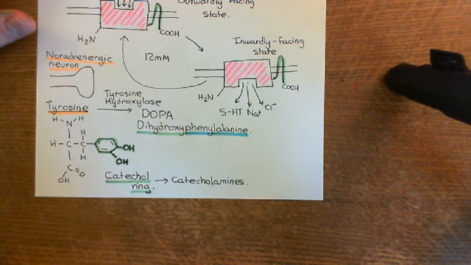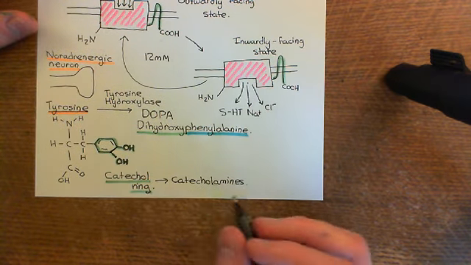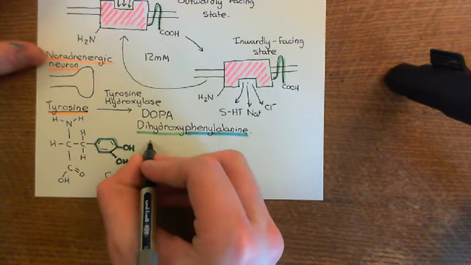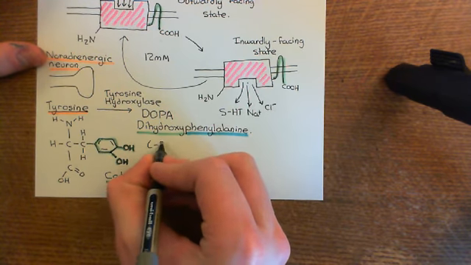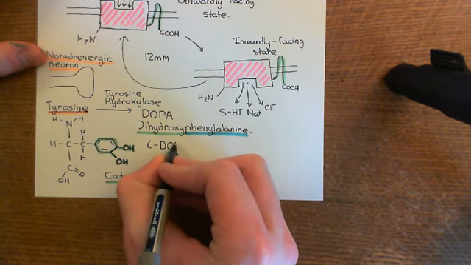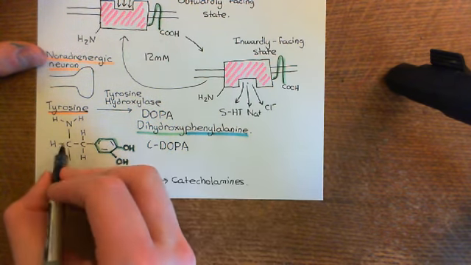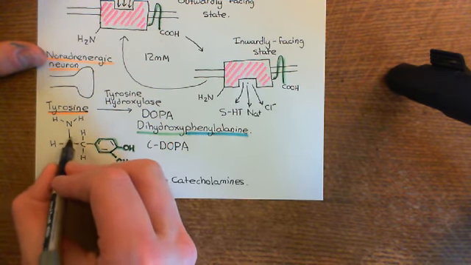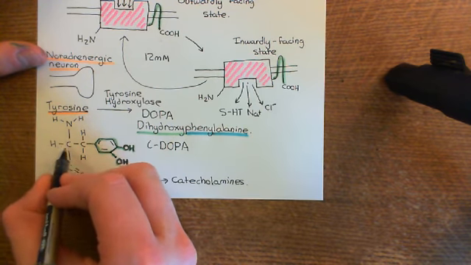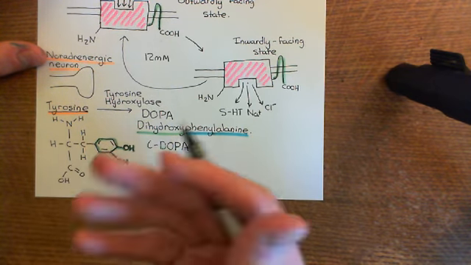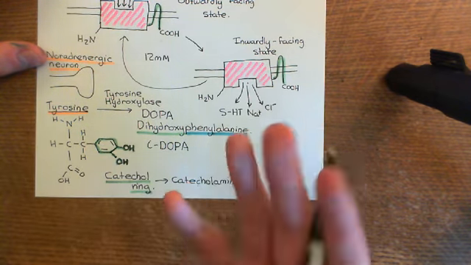Now, why is dopa so famous? Well, it's because the very famous anti-Parkinson's drug, or the very famous treatment for Parkinson's disease, is L-dopa. Okay, and all that's referring to is the fact that this, the chiral center here, the enantiomer that we're using is the L enantiomer, which of course it was the one we were using all along.